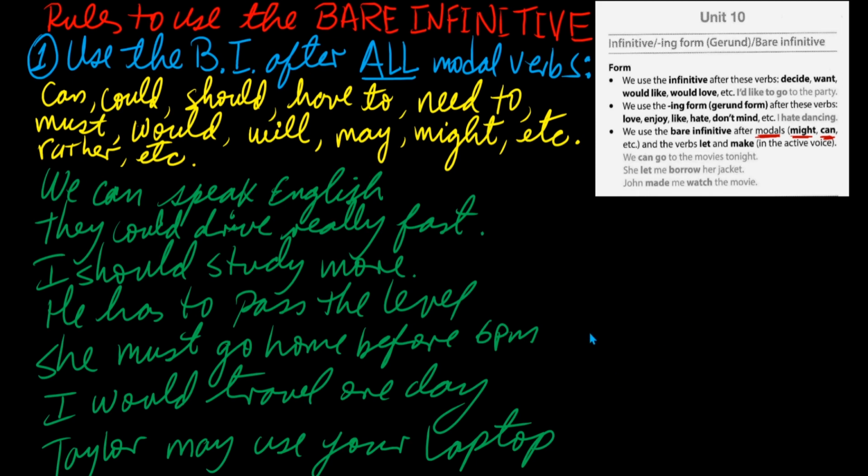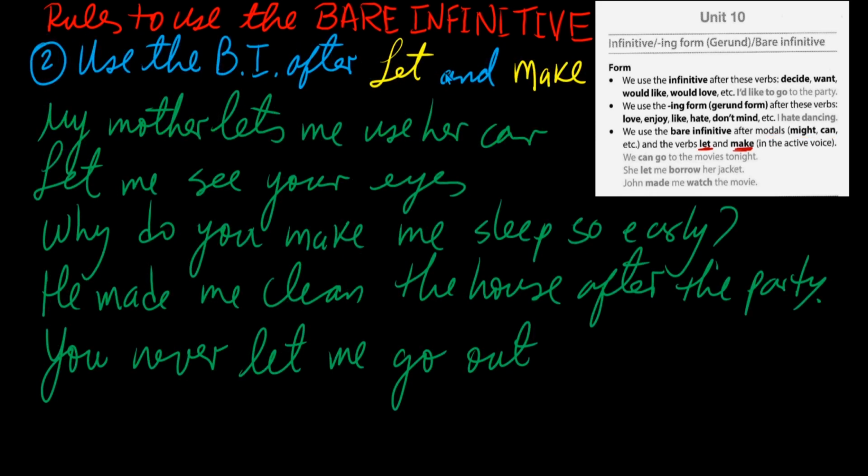Then there's a second rule for the bare infinitive. The rule says that after let and make, you also have to do the same. So look, my mother lets me use her car. So here, after let, use.